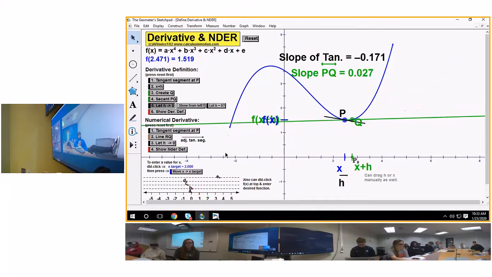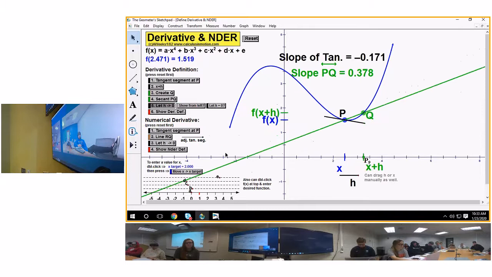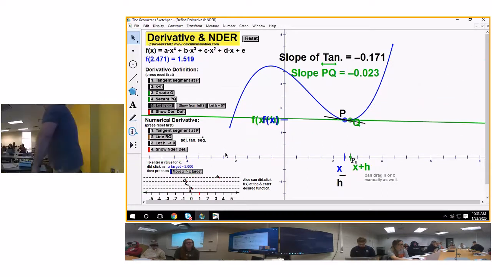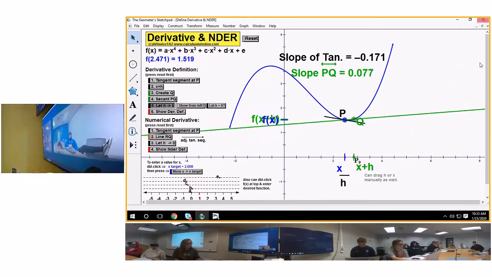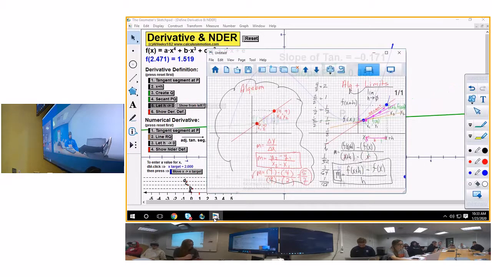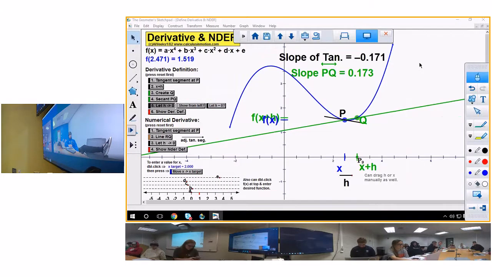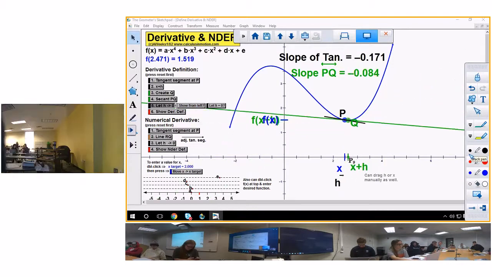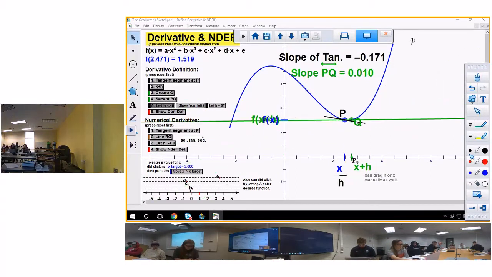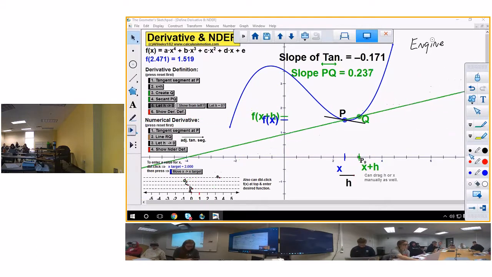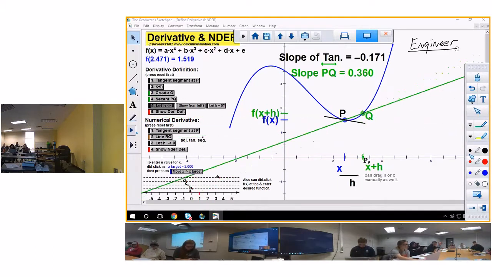This is called derivative. But the derivative of calculus gives us, let me go ahead and do this. The derivative of calculus, it depends on what application. The derivative of calculus in engineering gives us the tangent line.